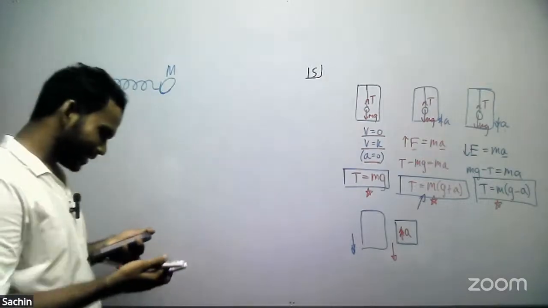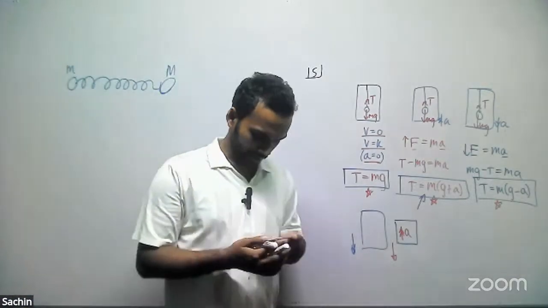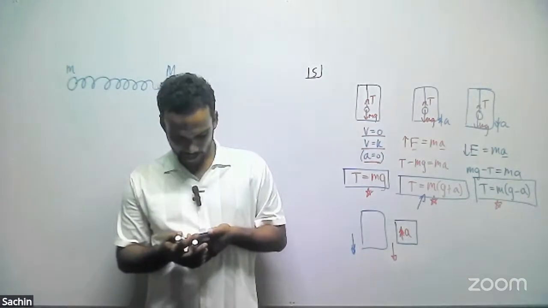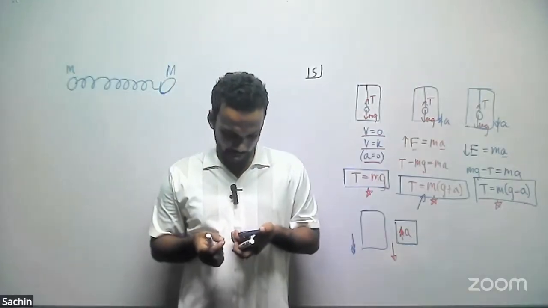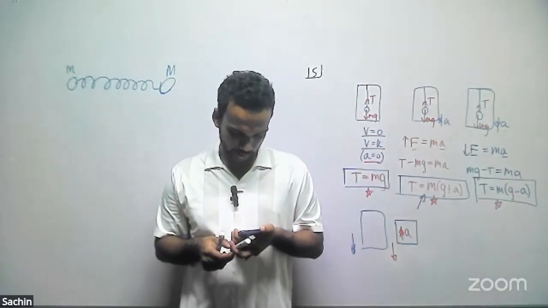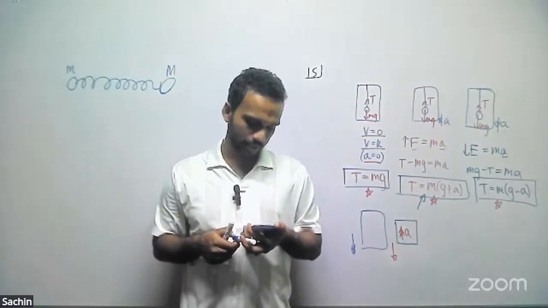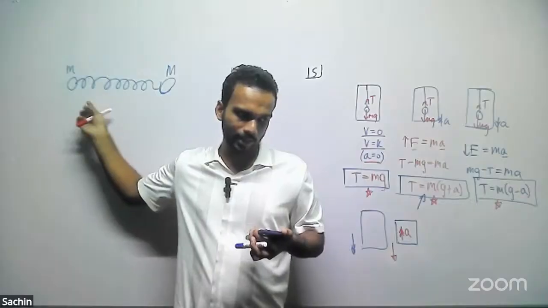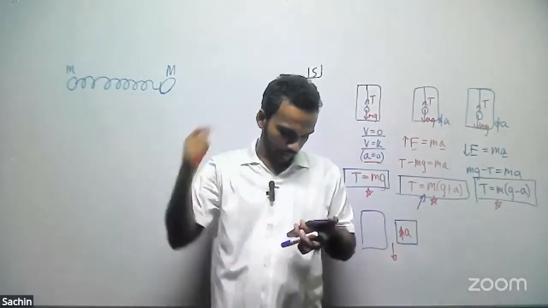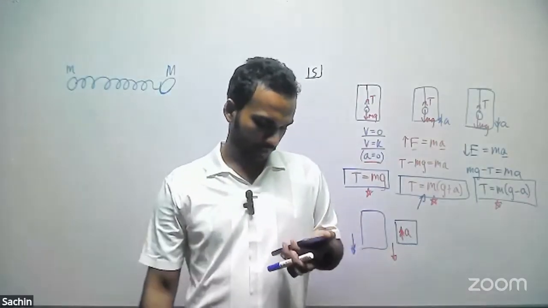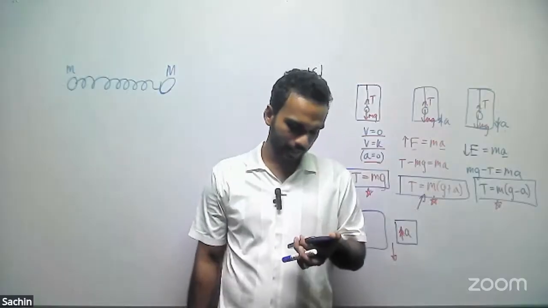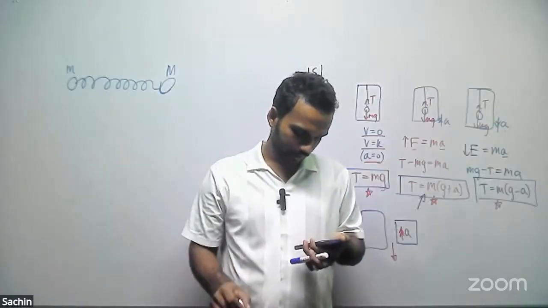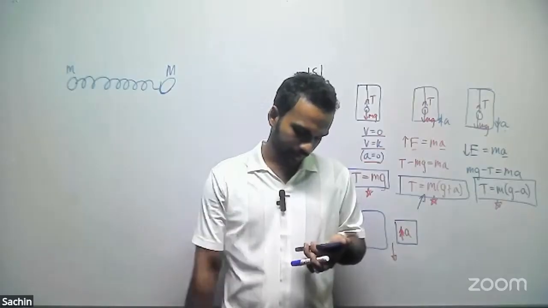Two masses, capital M and simple m, placed on a frictionless horizontal surface, are connected together as shown in the figure using a spring whose mass is negligible. Two masses are first pressed together so that the spring is compressed and then released.